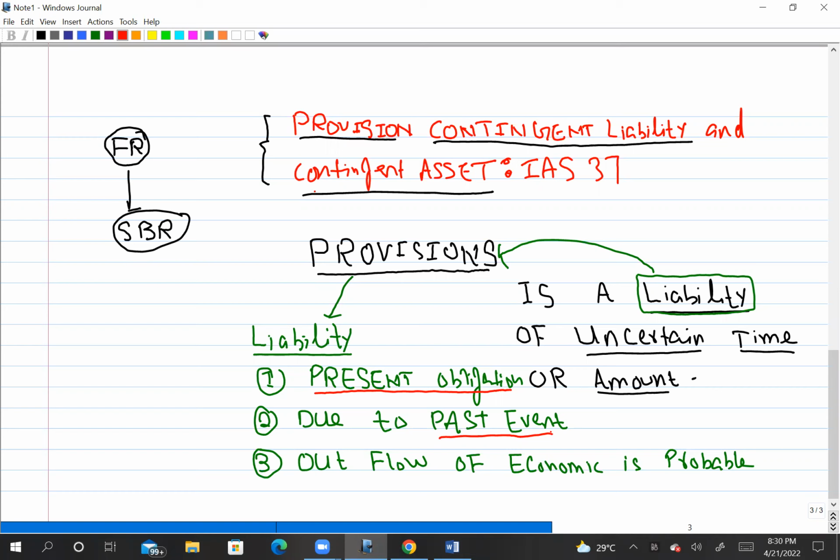Now, the present obligation could be legal or it could be constructive.